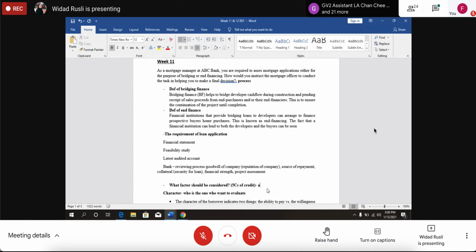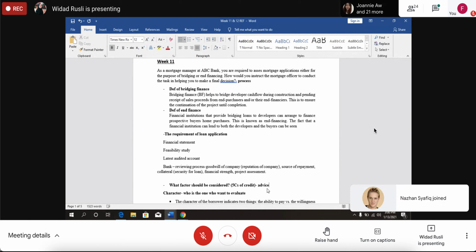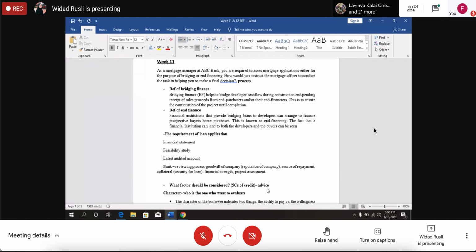So having identified all the above process, then the 5C's assessment has to be done before the mortgage officer comes out with his or her final decision. That's the way you advise. If you cut and paste, then I also paste your marks somewhere else.